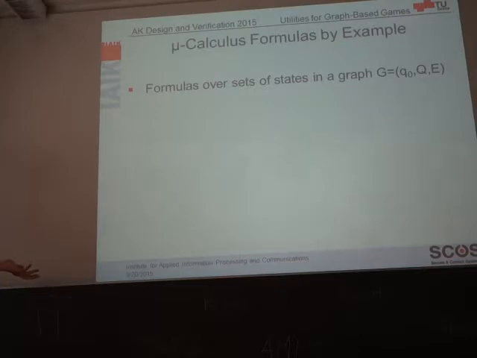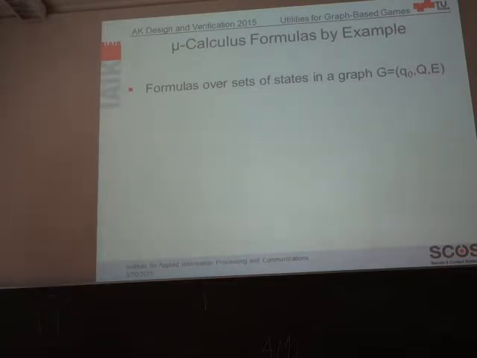Mu-Calculus is actually basically formulas that we can write over game graphs. We can define a formal syntax and the semantics for these formulas, but I do not want to do this. I would rather like to introduce Mu-Calculus to you by example. Later I also have slides that present the formal syntax and semantics, but we will only go over them briefly.